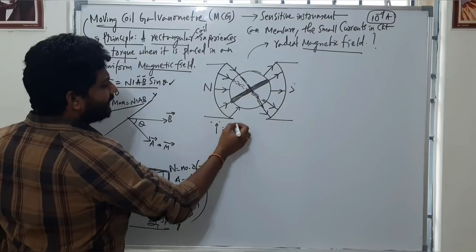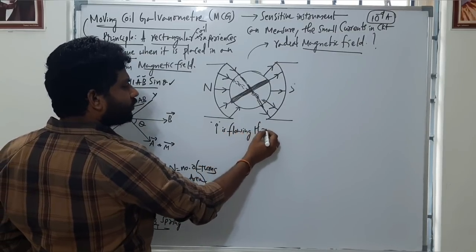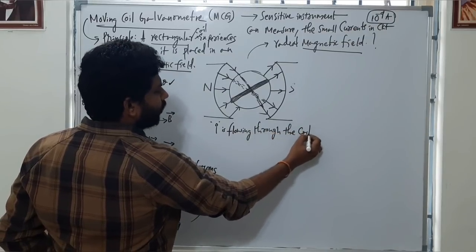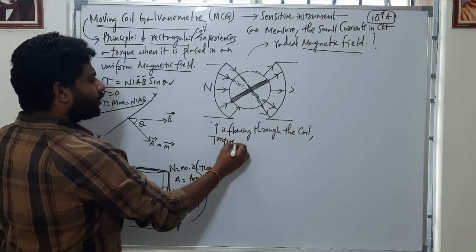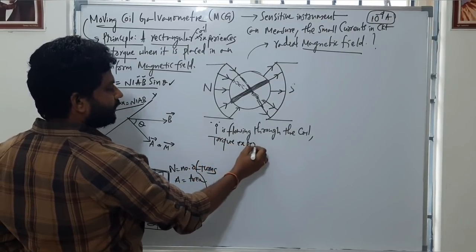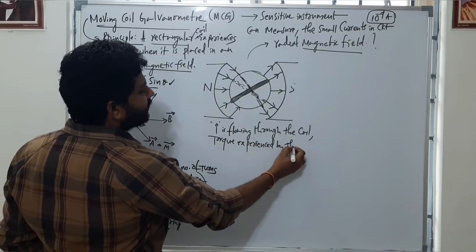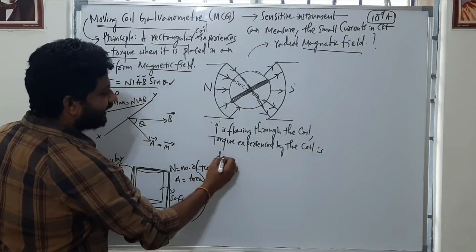When current I is flowing through the coil, the torque experienced by the coil is a deflecting torque.